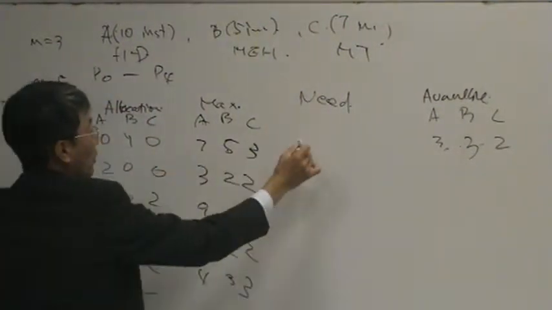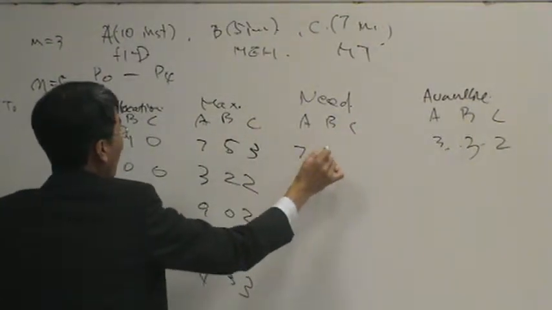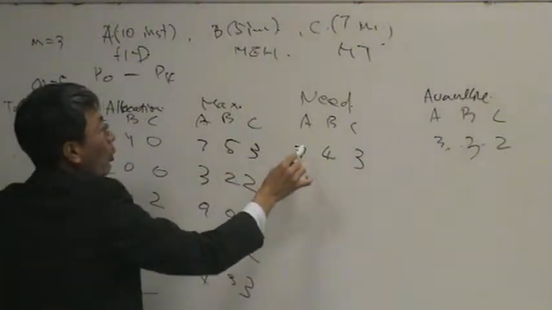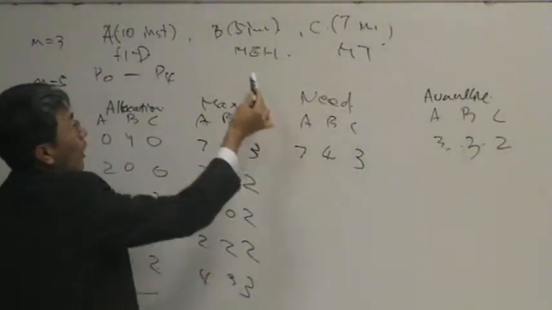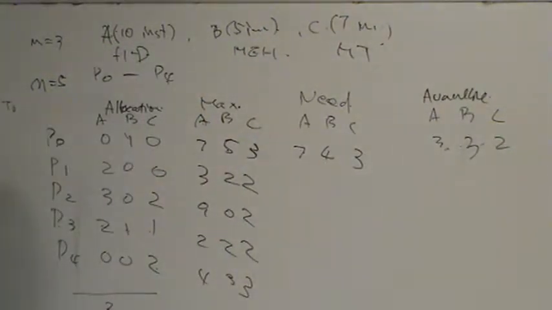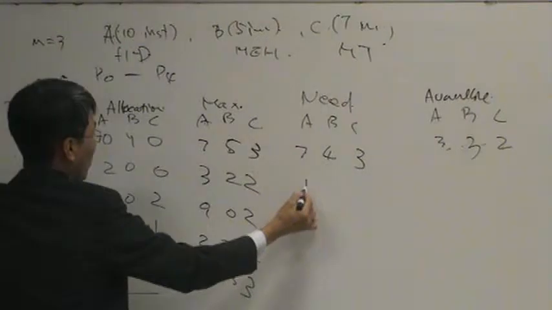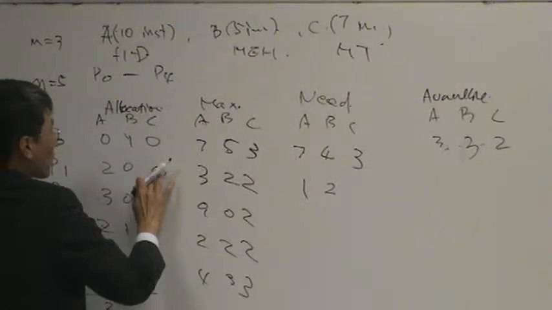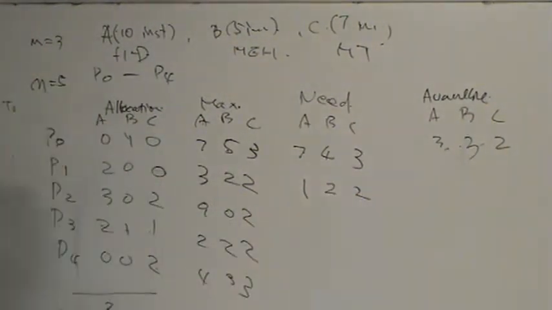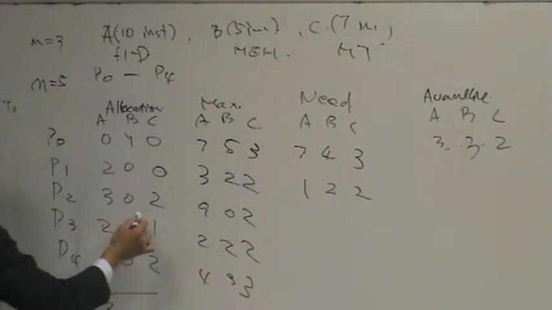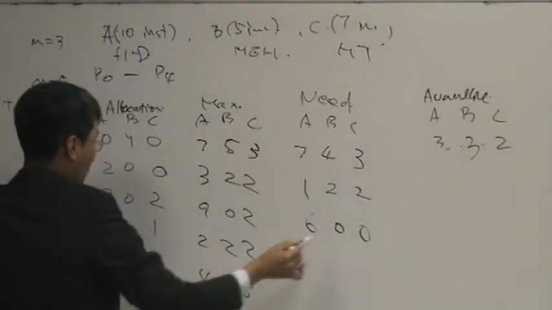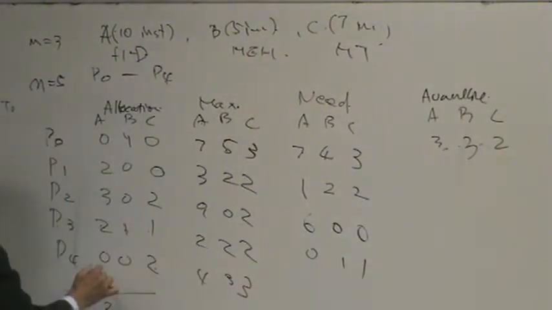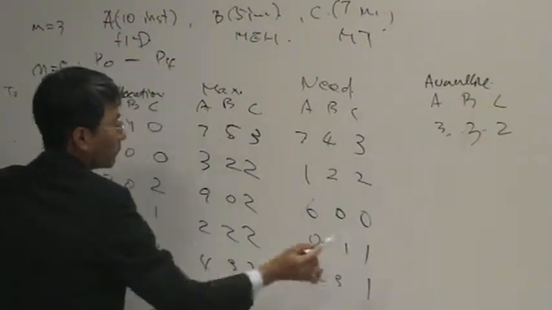So 7, 4, 3, which means P0 needs 7 more hard disk drives, 4 more memory, and 3 more magnetic tapes. Similarly, subtracting, 1, 2, 2, then 6, 0, 0, then 0, 1, 1, then 4, 3, 1.